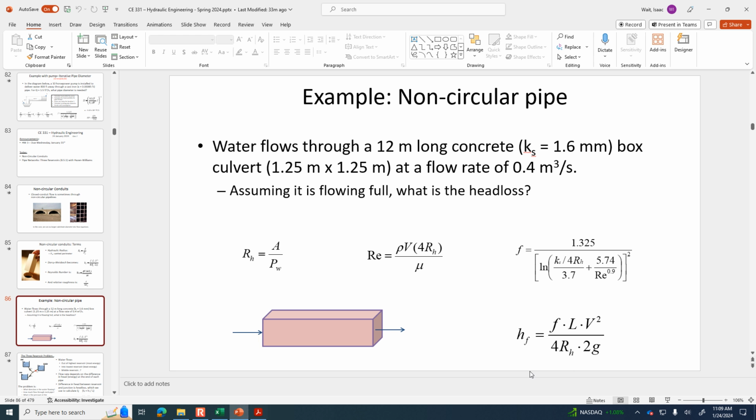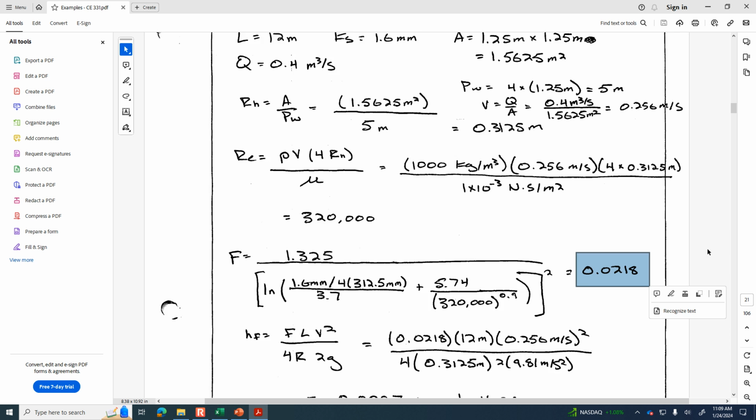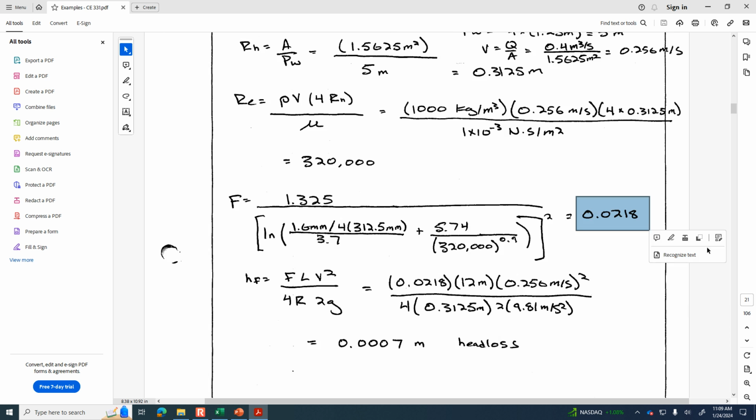So this substitution, 4 times hydraulic radius, also goes into the Jain equation in place of diameter. So we get the F value, kind of a middle of the range F value, 0.022, and then substitute that into the Darcy-Weisbach equation.